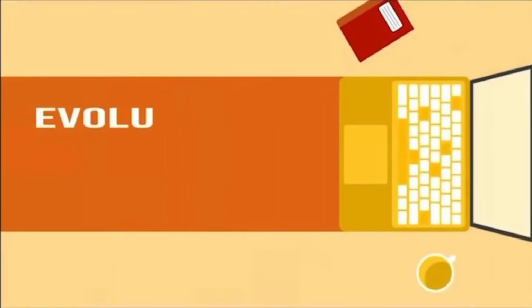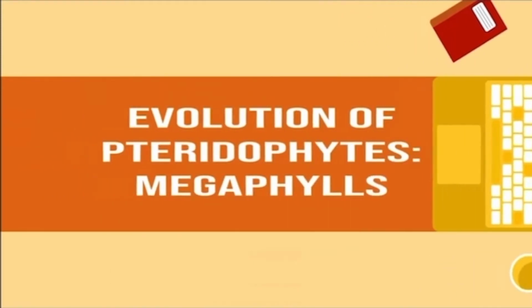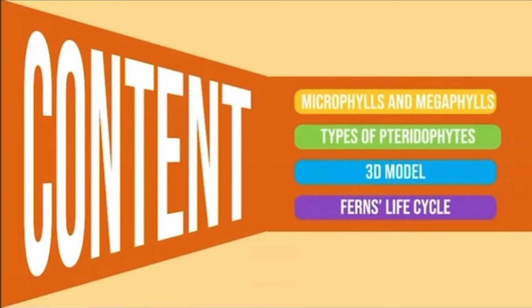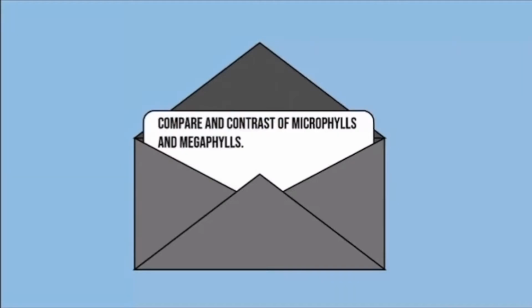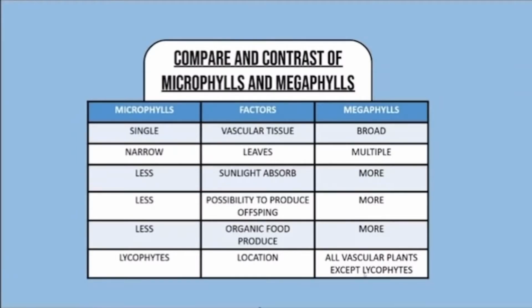So today I'm going to talk about the evolution of pteridophytes, megaphylls, and there are four contents that I'm going to talk about. The first one is the microphyll group of seed. Sorry, all vascular plants except lycophytes.